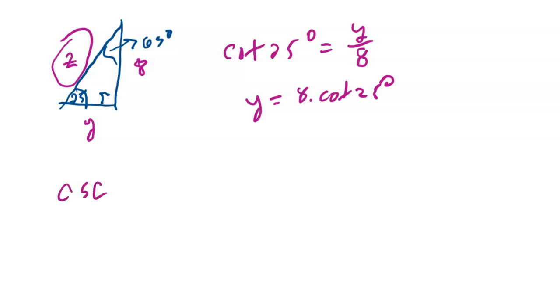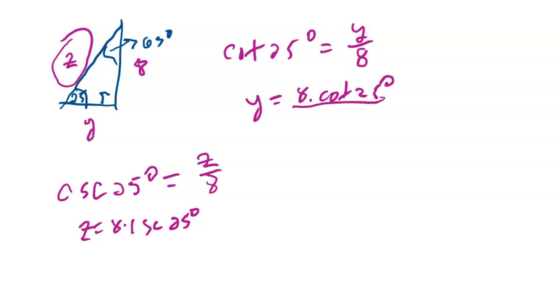I don't know. I'm just being creative, I guess. Cosecant of 25 degrees is equal to z over 8. And so you get z is equal to 8 times cosecant of 25 degrees. This would be equivalent to 8 over sine of 25 degrees. It doesn't matter.